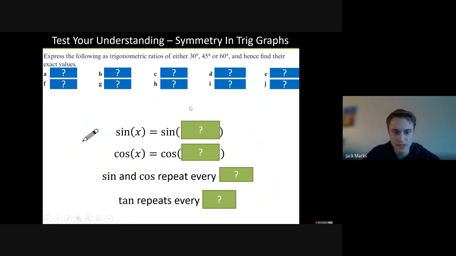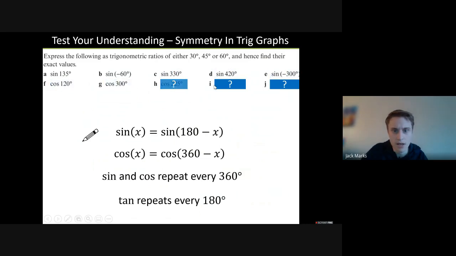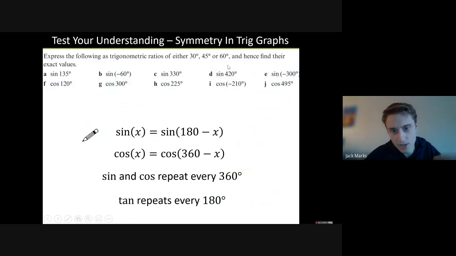Okay, so we have some rules for sine and for cos. We need to know how often they repeat. And here you should pause the video and have a quick go at these questions here. So what are some simpler ways that you could state the same value here by adding and taking away 360 or 180 if it's tan, by using these rules here, so that everything is in terms of a 30, a 45, or a 60.